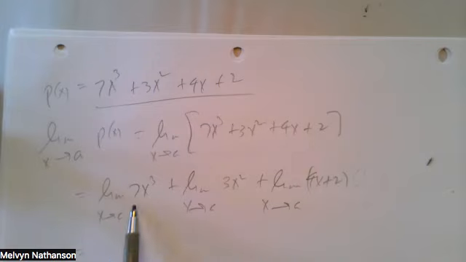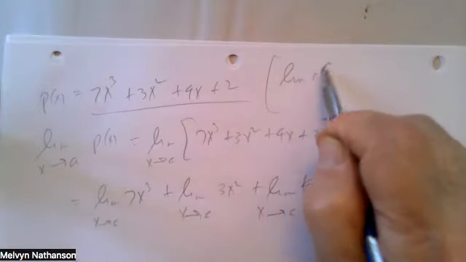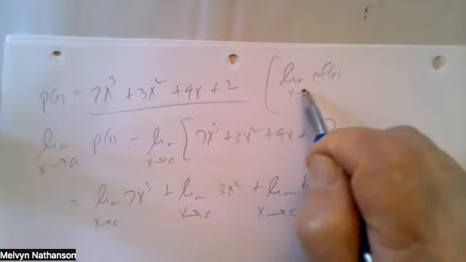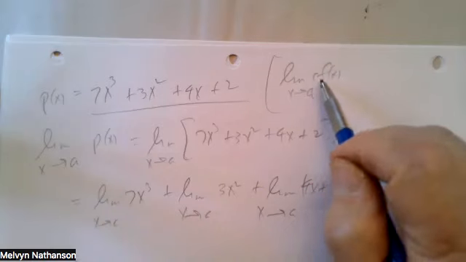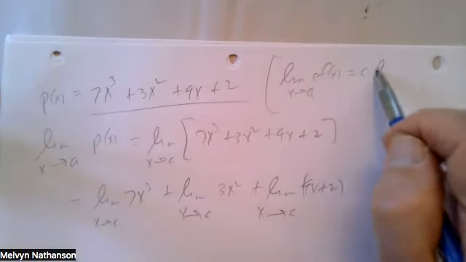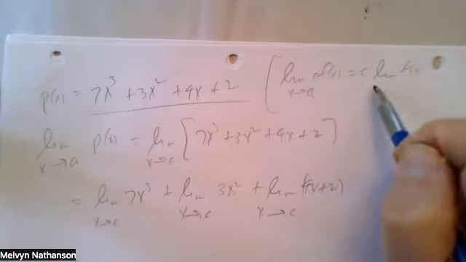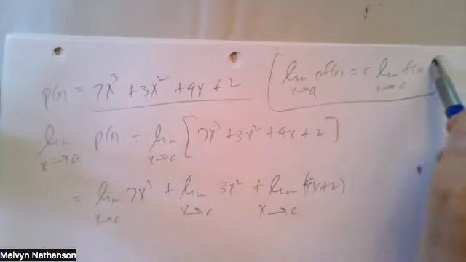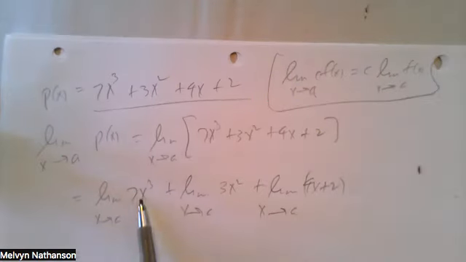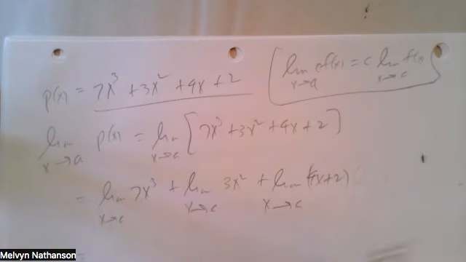So for a constant multiple, you can always take the constant outside, right? One of the limit laws is the limit of c times f of x as x approaches a. If c is a constant, it's just c times the limit of f of x as x approaches a. So here I take c equal to 7. I can take this outside.